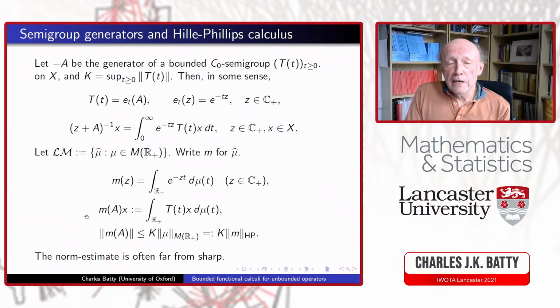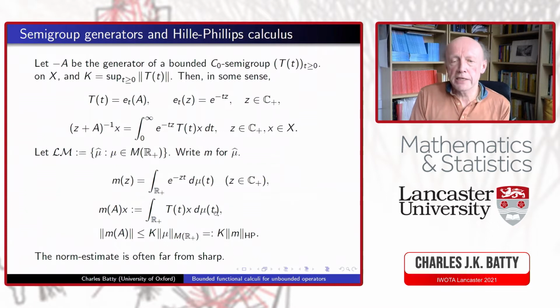Therefore, we can define in a natural way, if we replace z by the operator A, over here it makes sense because we've got e to the minus tA, which is T(t). So we can write down this integral as a definition of M(A)x now.